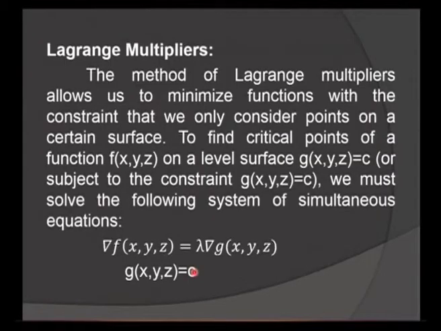Summary: Lagrange multipliers. We know this Lagrange multiplier is a dummy variable used to multiply some quantity to solve mechanical problems. So the method of Lagrange multipliers allows us to minimize functions with the constraints that we only consider points on a certain surface.